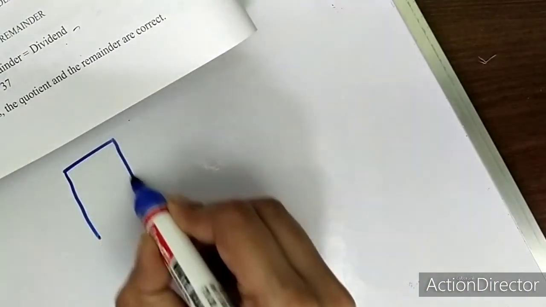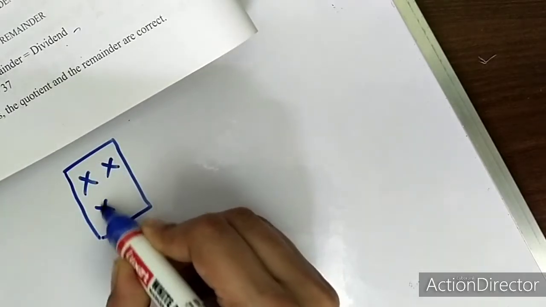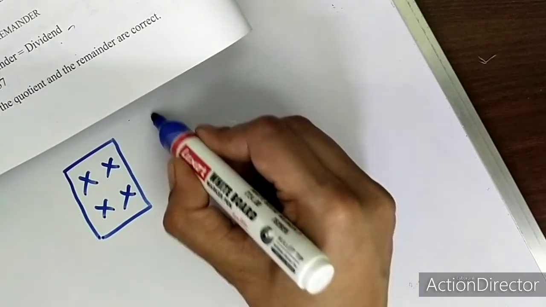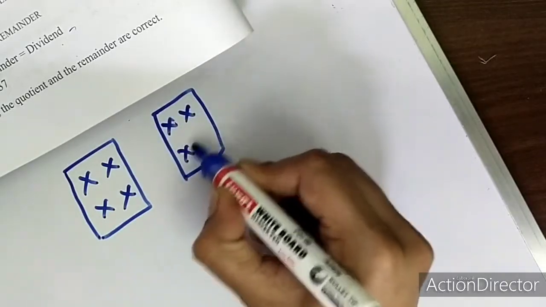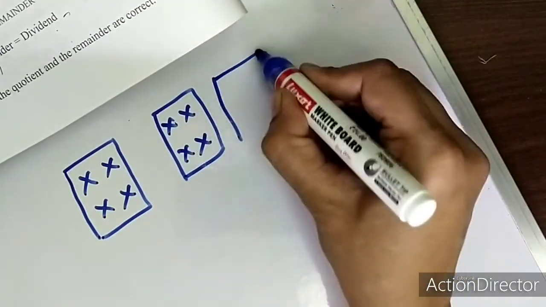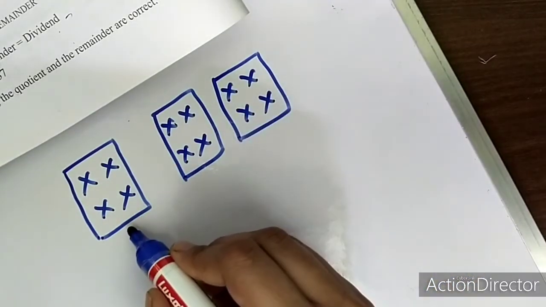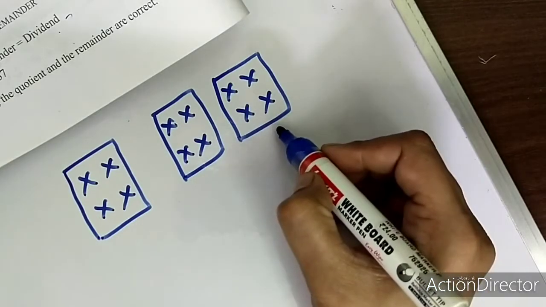So see, one page, how many pictures? 1, 2, 3, 4. So totally how many pictures does he have to paste? 12. 4 plus 4 is 8, 8 plus 4 is 12.